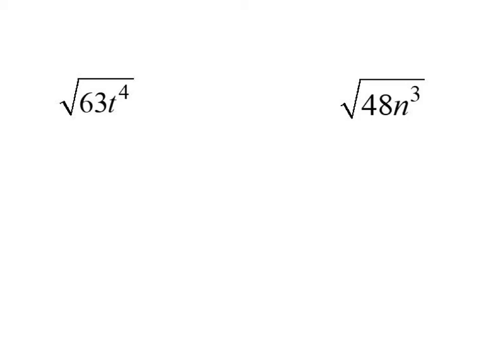All right, so let's say you've multiplied and this is what you're left with. Let's go ahead and practice a little more simplifying at this point. So I'm going to break this down. I'm going to spread this out or expand it out. So this would be 3 times 3 times 7 times t times t times t times t.